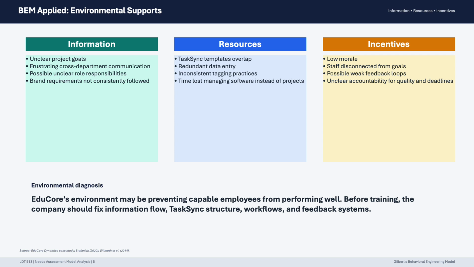Under incentives, low morale and disconnection from goals may indicate weak feedback and recognition systems. Employees may not clearly understand how their work contributes to project outcomes or who is accountable when deadlines and quality requirements are missed. These findings therefore suggest that capable employees may be prevented from performing well by their environment.